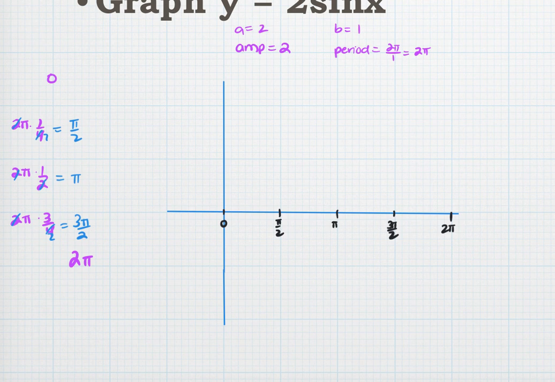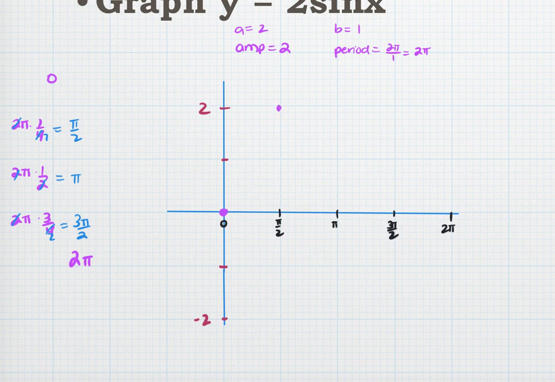Then I mark my amplitude, which is 2. So I'm going to go up 2 and mark it, and I'm going to go down 2 to negative amplitude and mark that. And then it's sine. So I start at 0, 0.